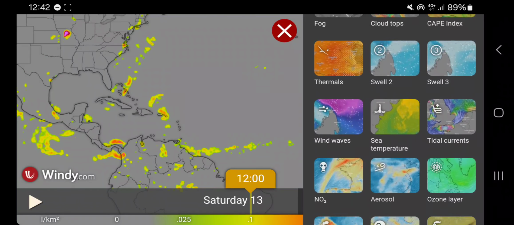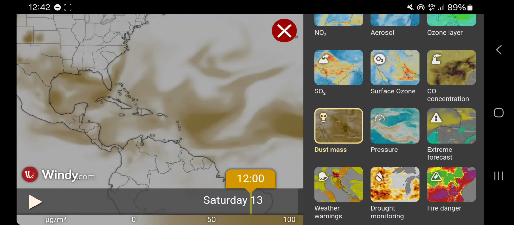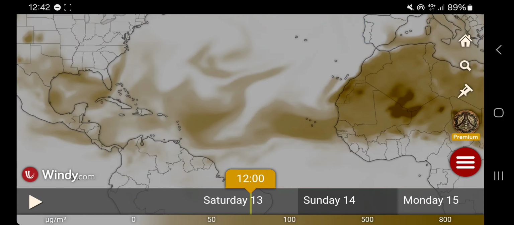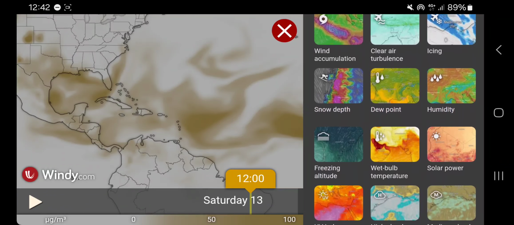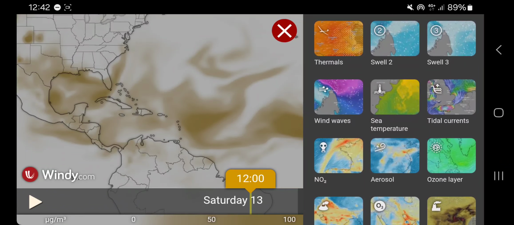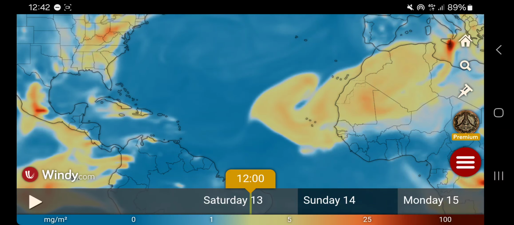I'm talking about CO2, dust, mass, maybe here we get, yeah, there's also some sand, not too much, but there's a lot of sulfur, which is probably something to look out for, because if sulfur is related to heavy thunderstorm activity in Europe, it might be the same thing also in America.